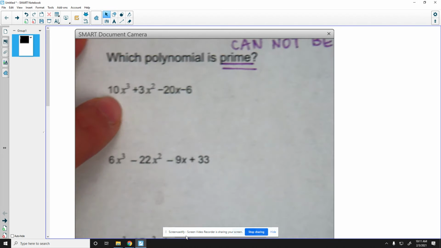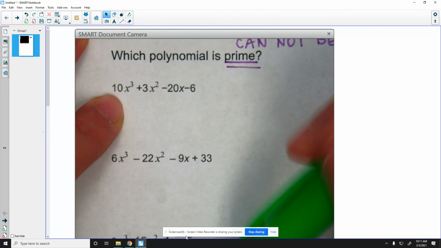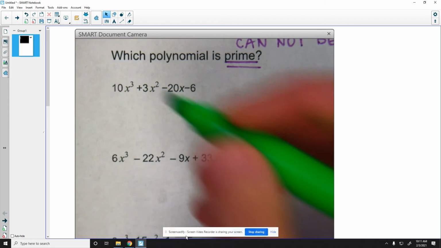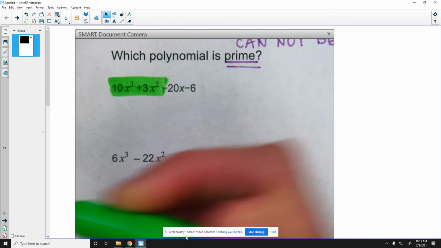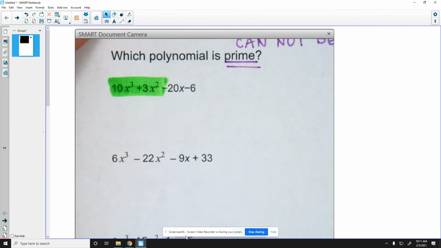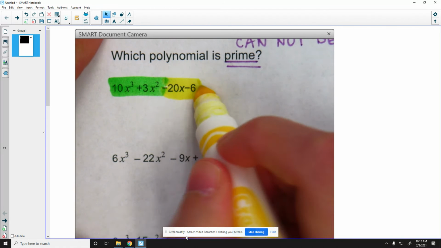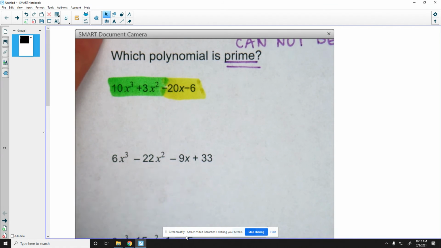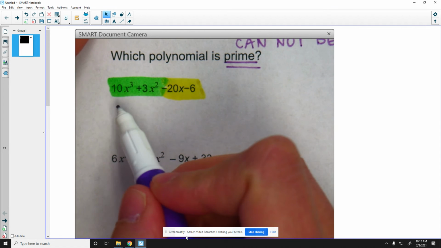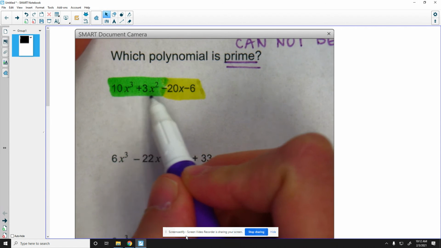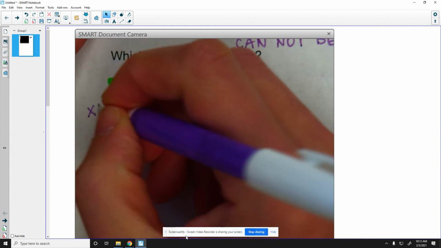So this is exactly what we did yesterday. Let's factor by grouping because you have 4 terms. So remember what we did? We took the first group and then I have the second group. And so let's just try to factor it the normal way, what we did yesterday. So green, what can I take out? X squared.